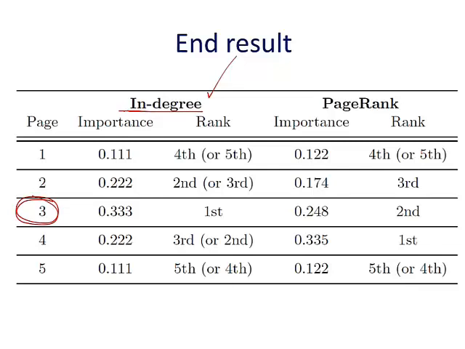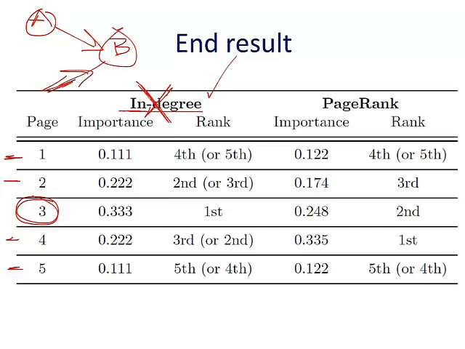And then second and third would be pages 2 and 4. And fourth and fifth would be pages 1 and 5. We only have in degrees of 1. But as we said, in degree is really not a good way to look at importance score, because you also have to take into consideration the importance of the nodes that are pointing to the node that we're looking at. So it's important to look at the importance of these nodes pointing to node B.